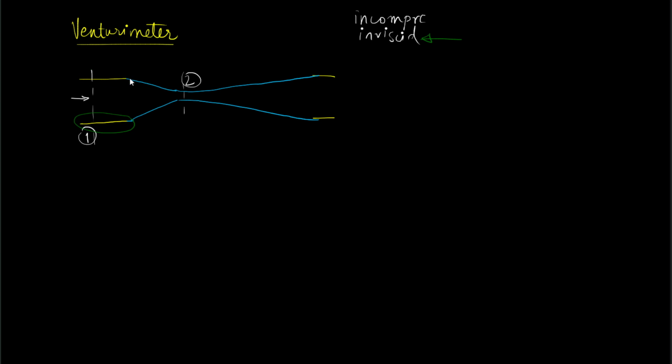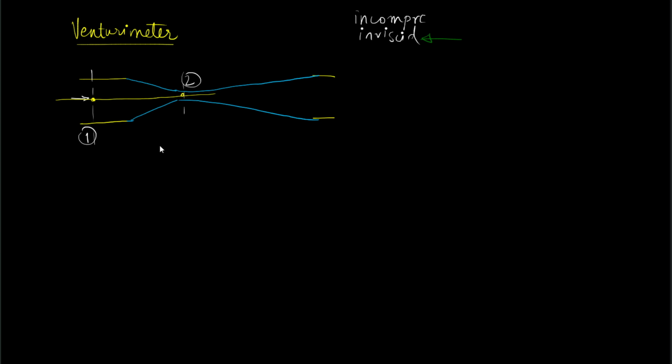But it is sufficient to say for now that the core of the flow can be considered to be inviscid when the Reynolds number is quite large. Now in this case, we can apply Bernoulli theorem along a streamline which goes straight like this across stations 1 and 2.